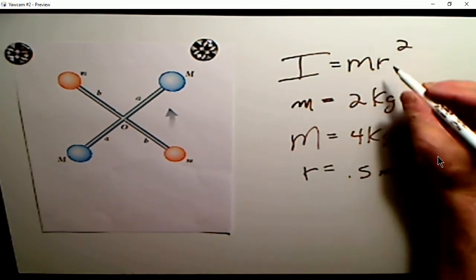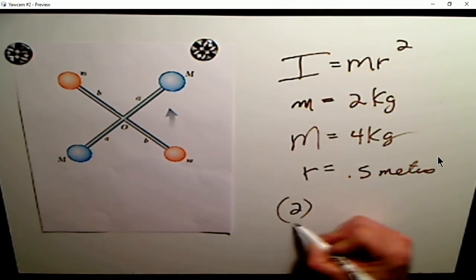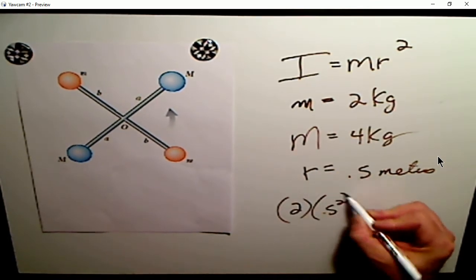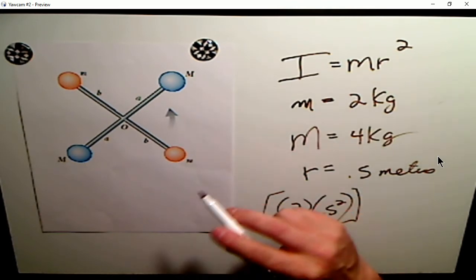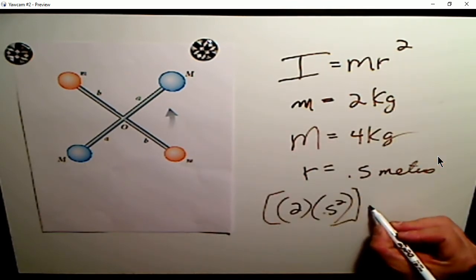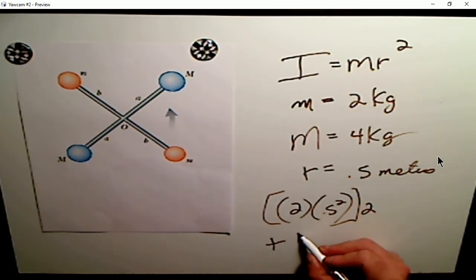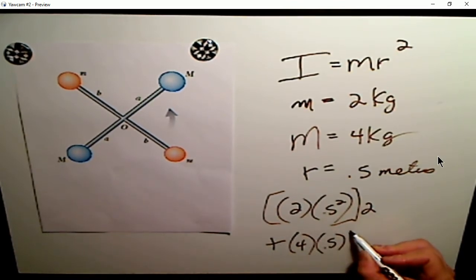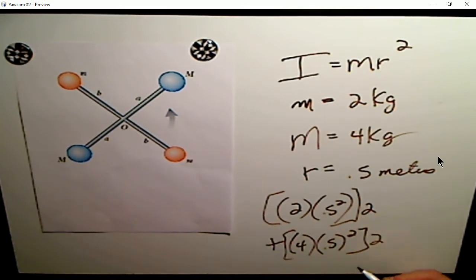Well, it is 2, the mass, times the radius, 0.5 squared. For the small ones, we have 2 of those, plus 4 times 0.5 squared for the larger ones, and we have 2 of those.